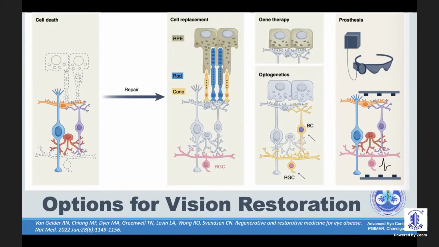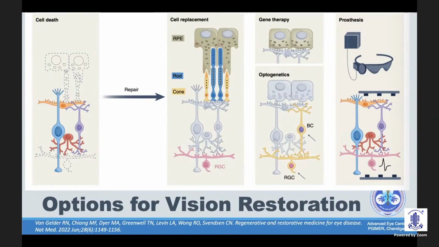Gene therapy is more directly targeting the cause, where there is a problem, you try and correct that gene and provide a solution to the problem. Optogenetics is something of recent interest, where you accept that some cells are a problem, but you try to utilize the other, normal cells and give them functions similar to those cells.